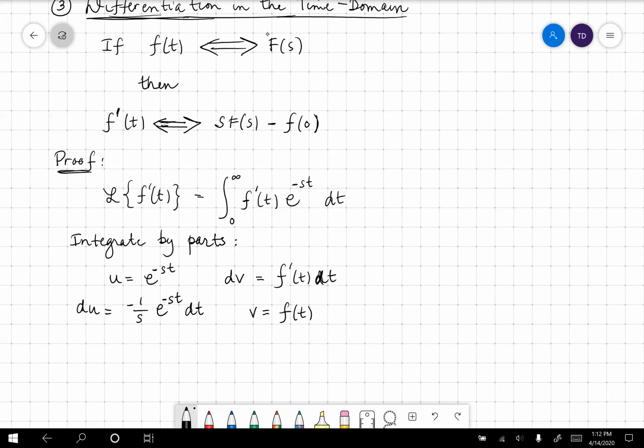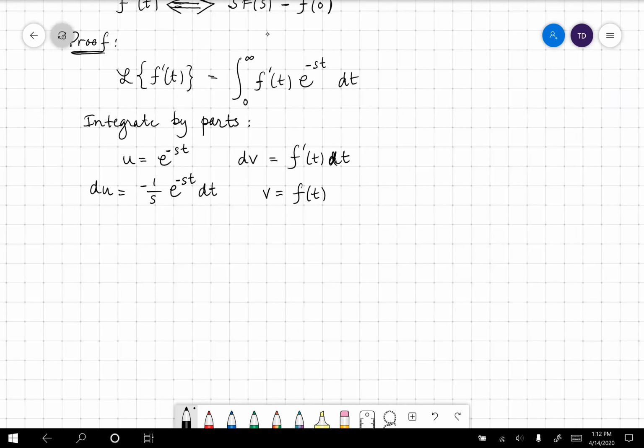Okay, let's see how that works for us. The integral from 0 to infinity of f prime of t e to the minus st dt is equal to u times v, so e to the minus st times f of t, all of that evaluated from 0 to infinity, minus the integral of v du.